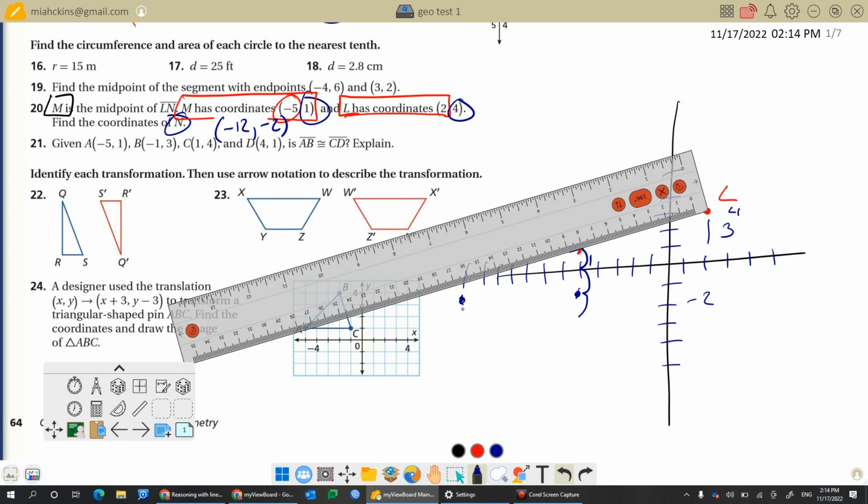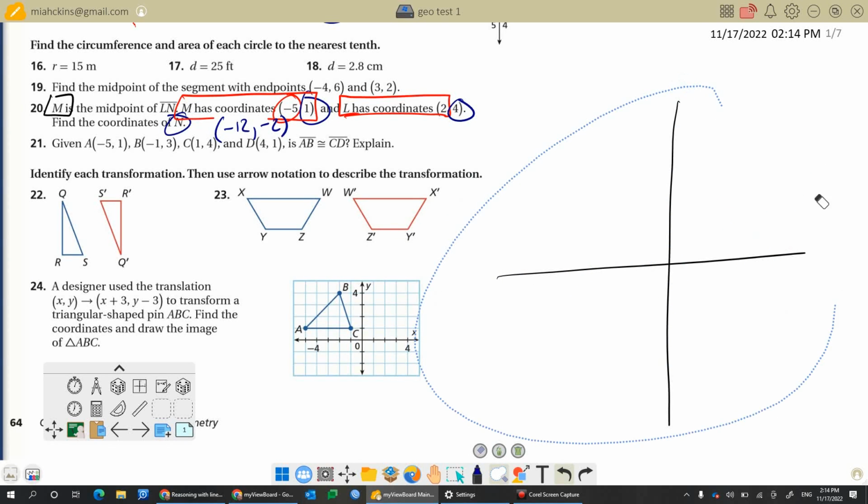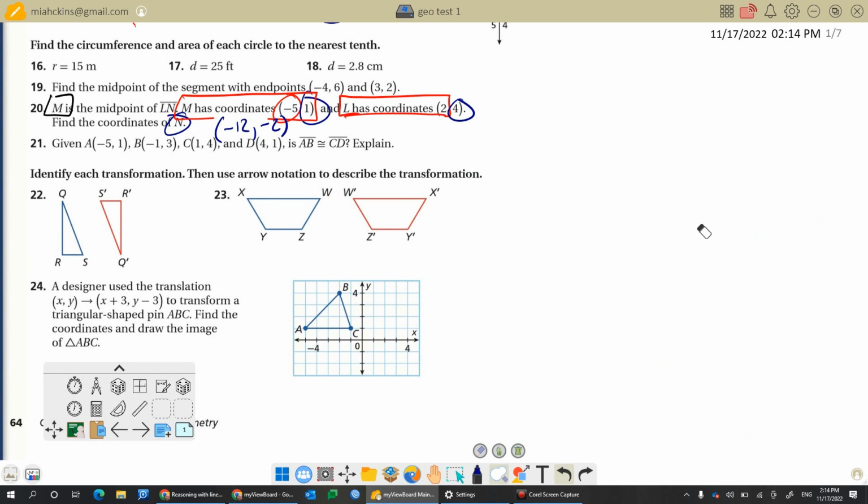So that seems like it makes sense, like it might be right. Assuming that all of our things were evenly spaced, which they were not. So that seems close enough to say that we're most likely right to have that to be our endpoint at negative 12, negative 2.